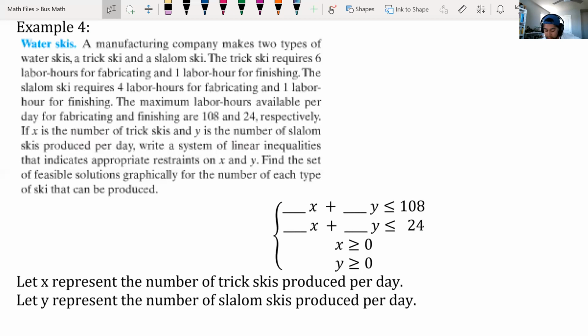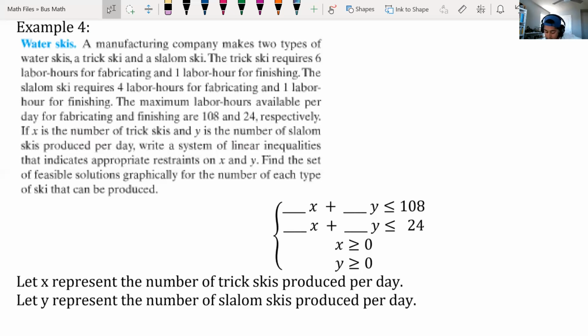The maximum labor hours available per day for fabricating and finishing are 108 and 24 respectively. If X is the number of trick skis and Y is the number of slalom skis produced per day, write a system of linear inequalities that indicates the appropriate restraints on X and Y, and find the set of feasible solutions graphically for the number of each type of ski that can be produced.